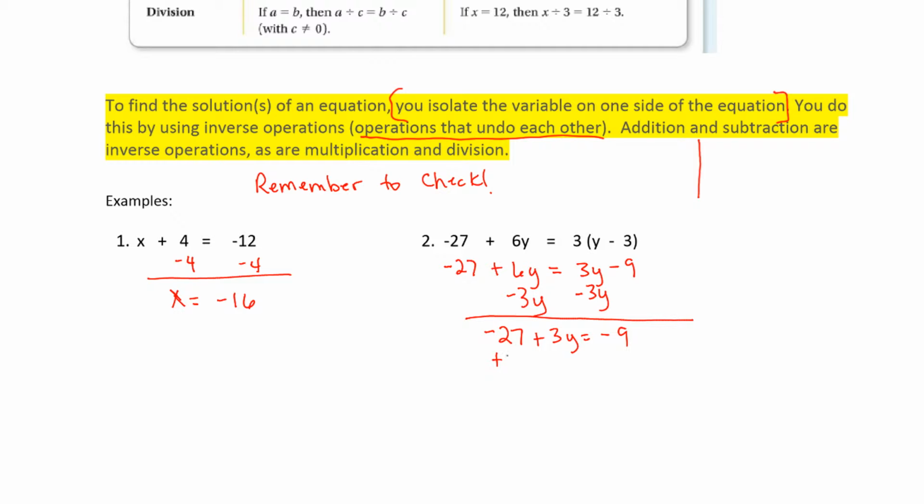And I'm going to add 27 to both sides. Then I get 3y equals 18. Divide by 3, and I get y equals 6. Again, remember to check.